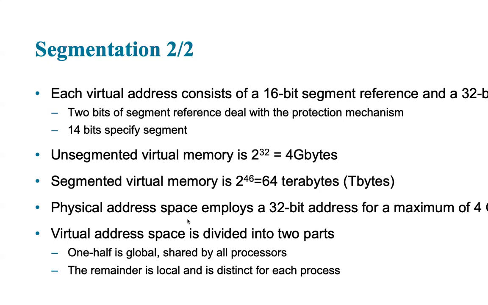The physical address space employs a 32-bit address for a maximum of 8 gigabytes. The virtual address space is divided into two parts. One half is global and is shared by all processes, and the remainder is local and is distinct for each process.